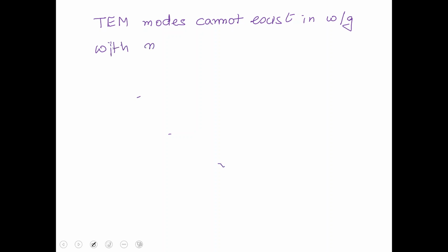So TEM modes cannot exist in waveguides with no inner conductor. Anytime you have a waveguide where you don't have any inner conductor, you will not get a TEM mode.